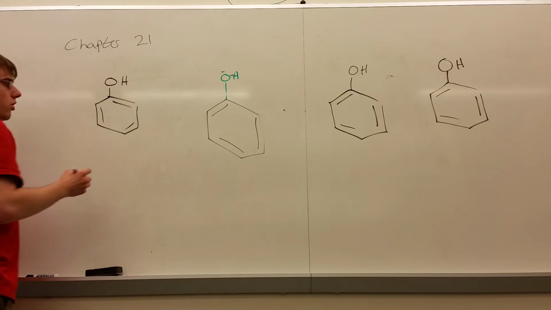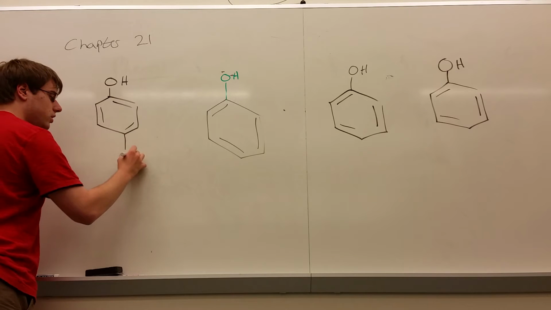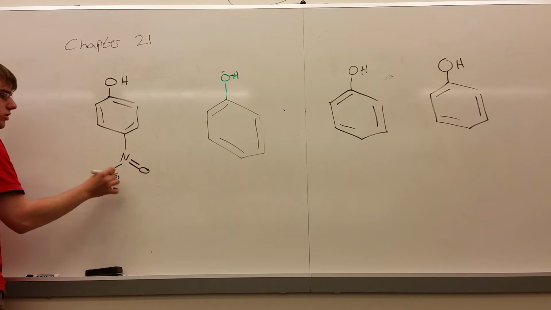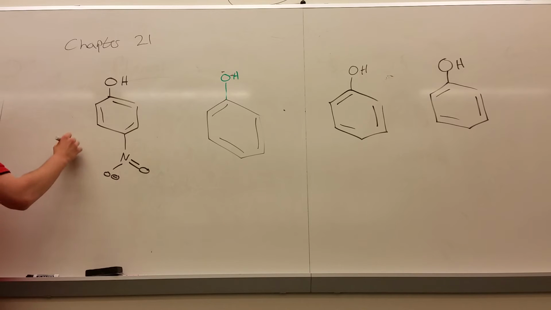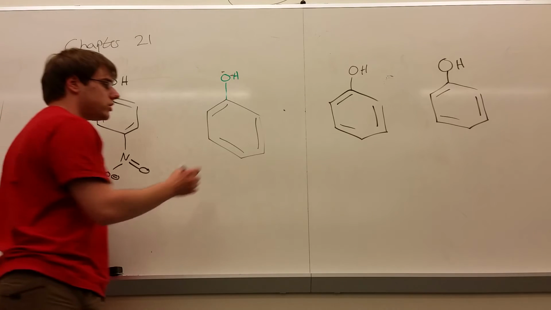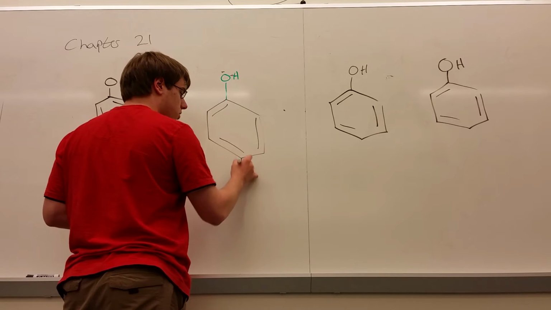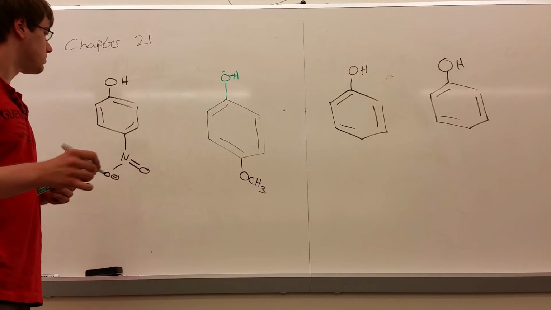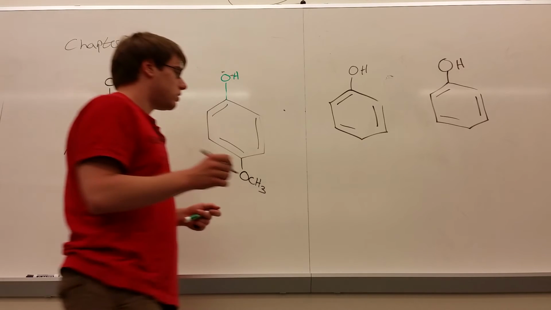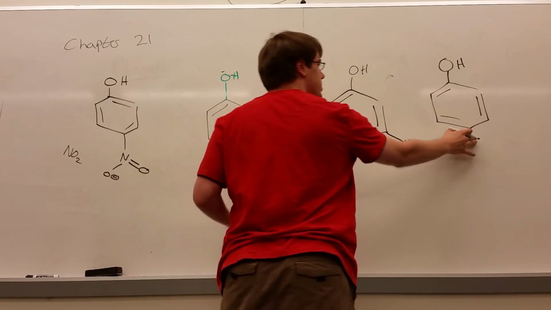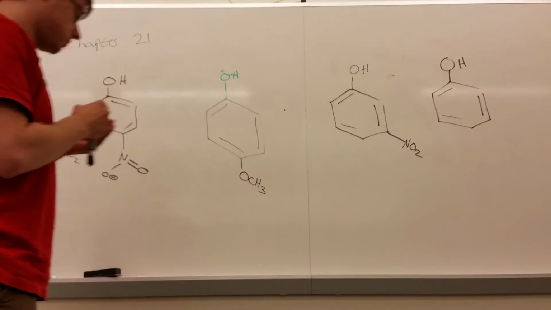So I'm going to draw an NO2 over here, and remember NO2 looks like this. So you'll either see it with it drawn out, or sometimes they'll just be lazy and write NO2, but this is the same thing. Let's put an OCH3 group here. Let's put an NO2 group here, and we'll just leave this regular old phenol.